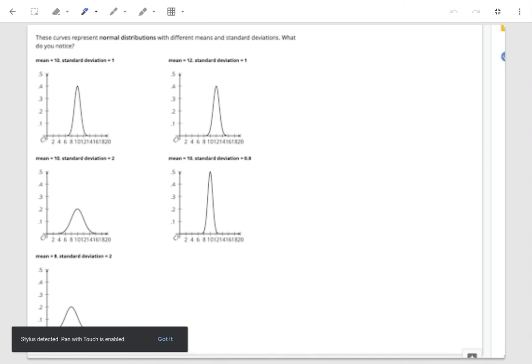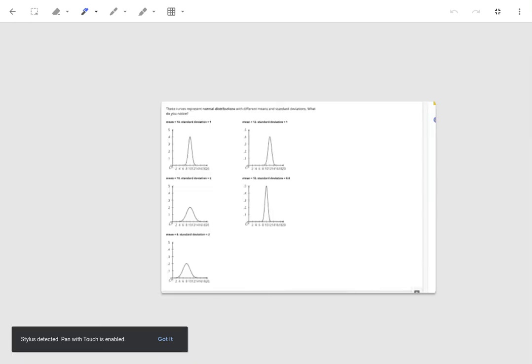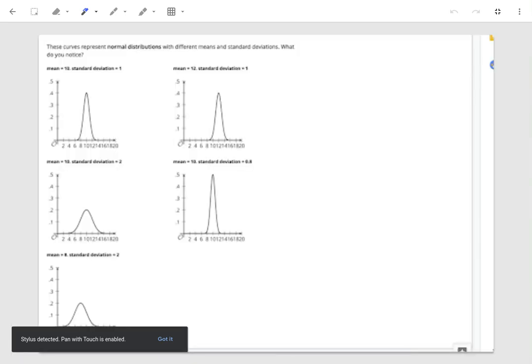These curves represent different normal distributions with different means and standard deviations. What do you notice? So the first thing I'm going to look at is where the means are. So notice this one has a mean of 10, and if I look at the high point or the center, it's at 10.